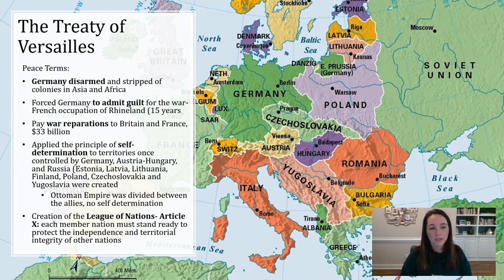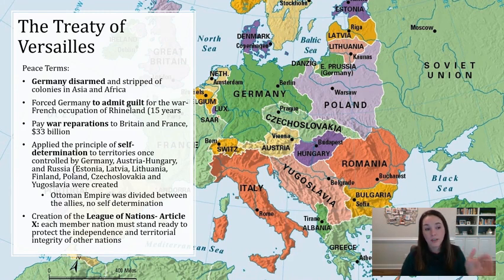This is going to create a very defeated, obviously. I mean, Germany was defeated anyways, but a lot of anger and resentment among the German people, because if you think about it, it was the German leaders that had orchestrated all of this.